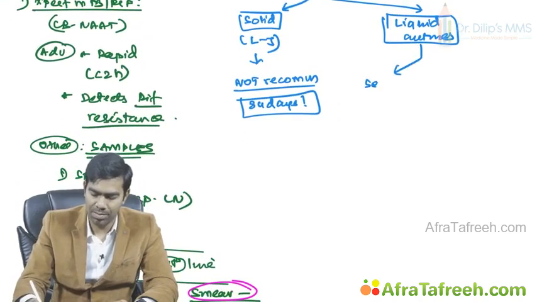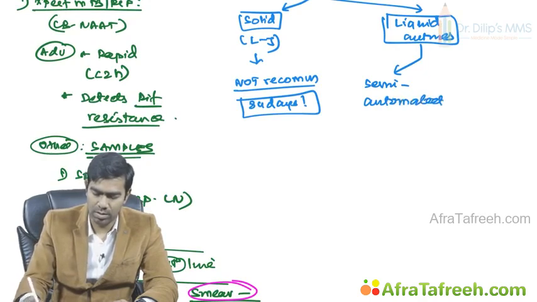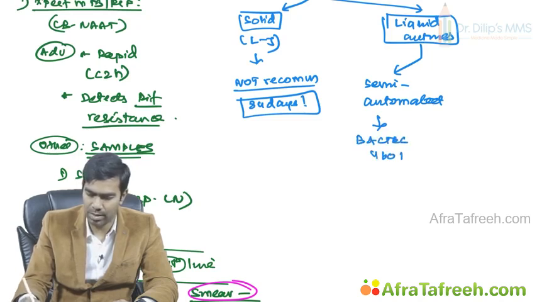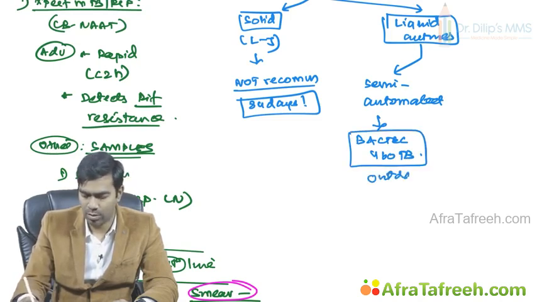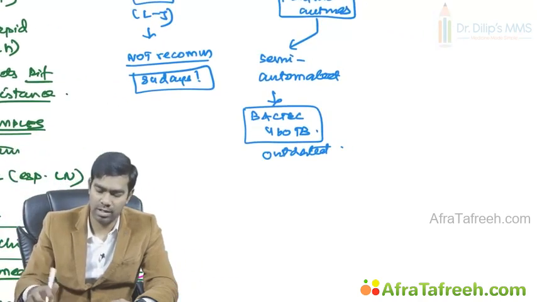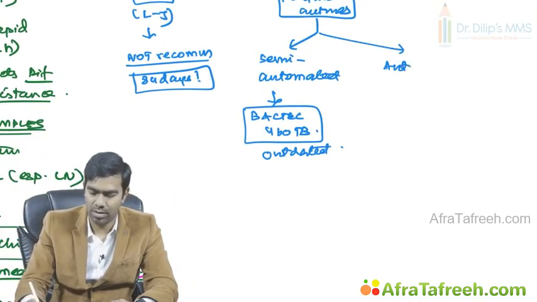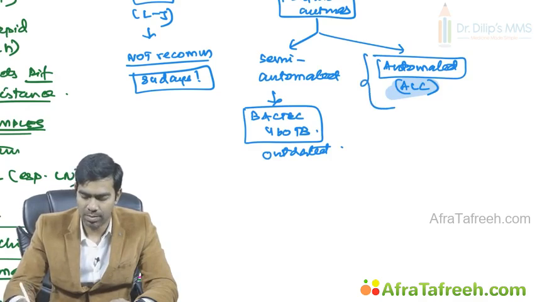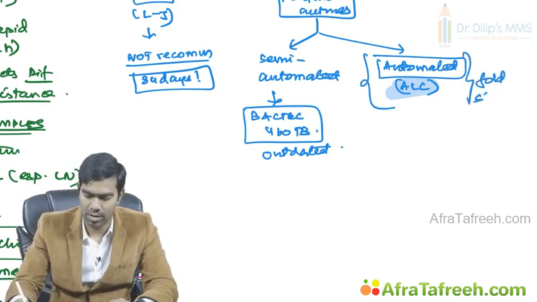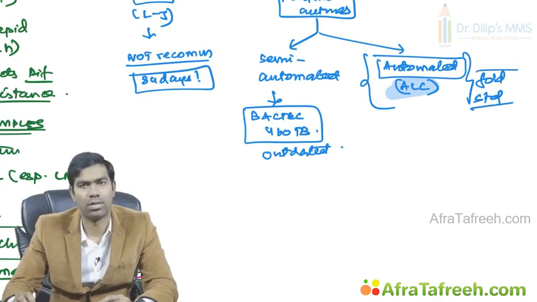One is called semi-automated cultures. The semi-automated cultures are referred to as BACTEC 460 TB, and this again is outdated. We are not using this anymore. But currently, what we prefer is the automated liquid cultures. These are referred to as ALCs, automated liquid cultures, and this is what is endorsed by WHO as well as RNTCP, and this is considered to be the gold standard for diagnosing any tuberculosis.